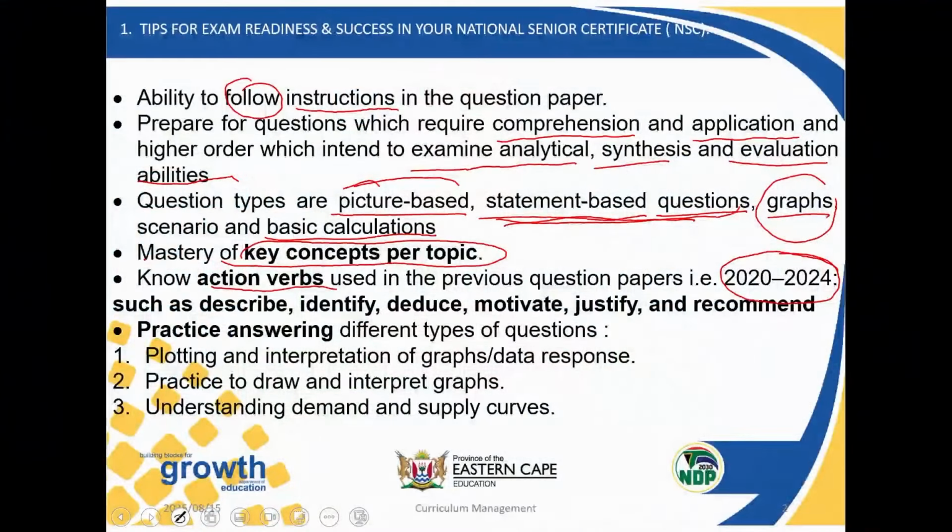Now, one thing that will help you is looking at all the action verbs in the previous question papers. If you take your previous question papers, 2020, 2021, 2023, up to 2024, then you'll see that you have a lot of describe, identify, deduce, motivate, justify, recommend, indicate, and many other action verbs.